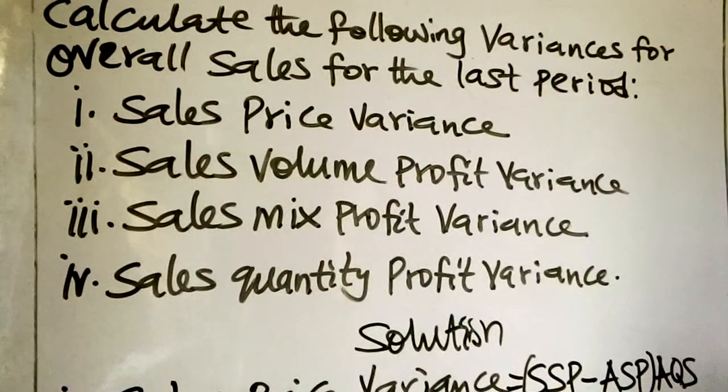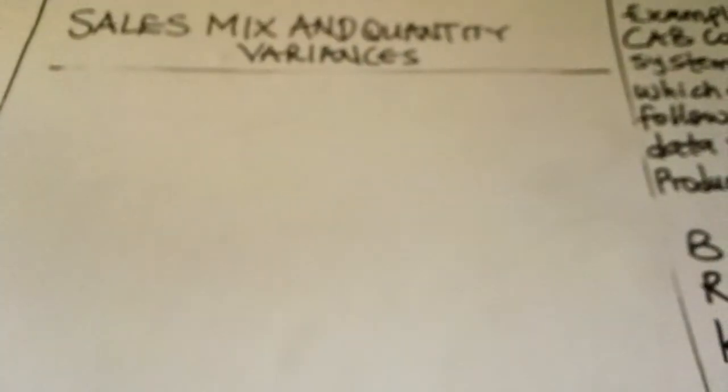The second requirement, sales volume profit variance. That is requirement 2.